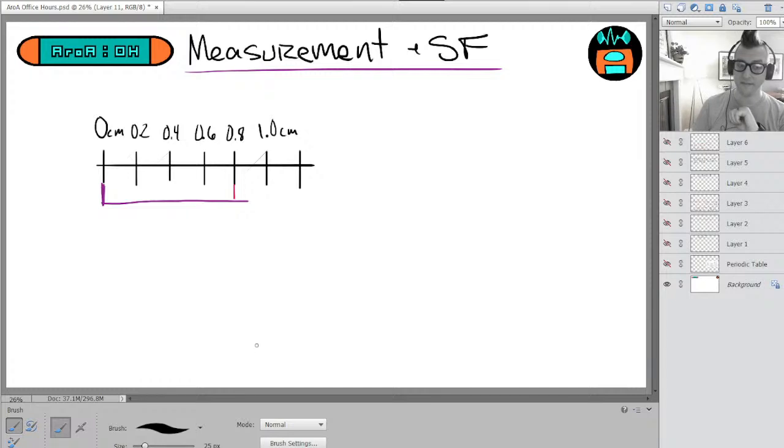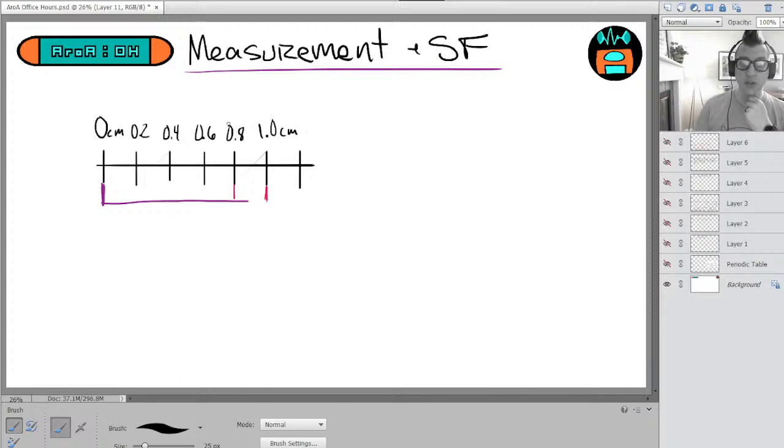It's longer than that. But the other problem is this string is shorter than 1.0 centimeters. If you told me, oh, the string is 1 centimeter, also not correct. I can see that it's shorter than 1.0. I can see that it's longer than 0.8. So what is it?